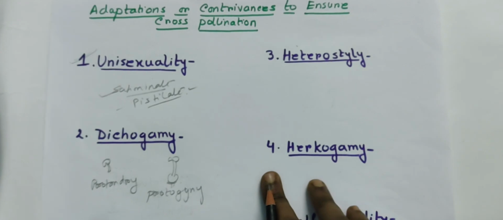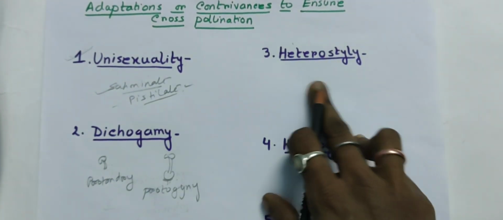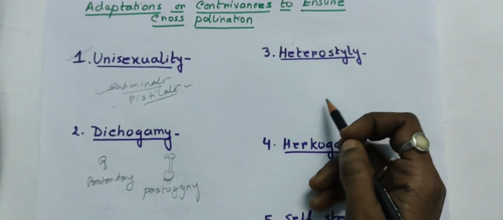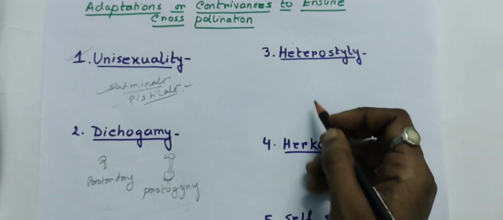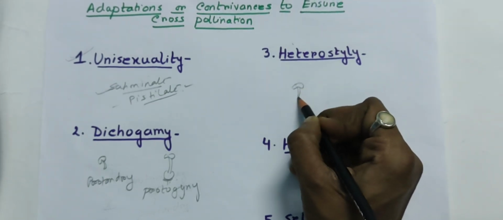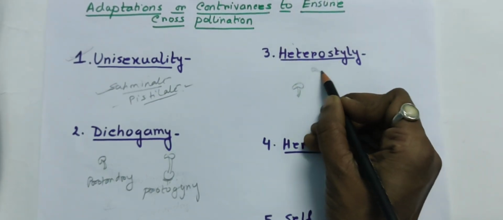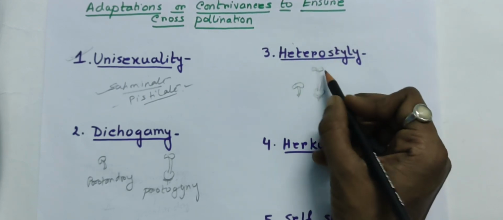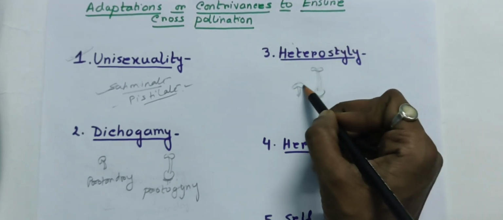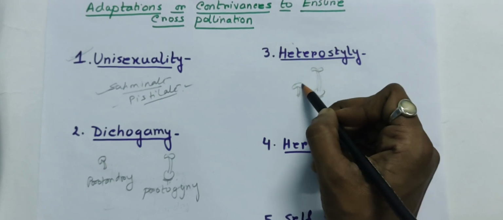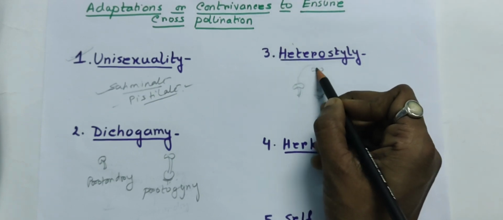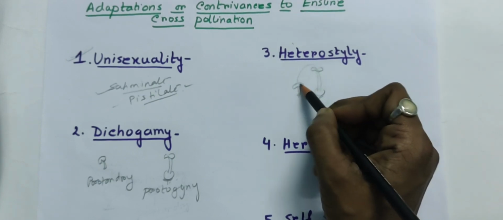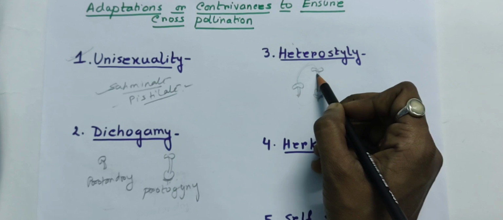Next, heterostyly. Heterostyly means dissimilarity in length. If the stamen is shorter and the style of the gynoecium is longer than the stamen, how could the pollen grain reach the stigma? It's not possible.